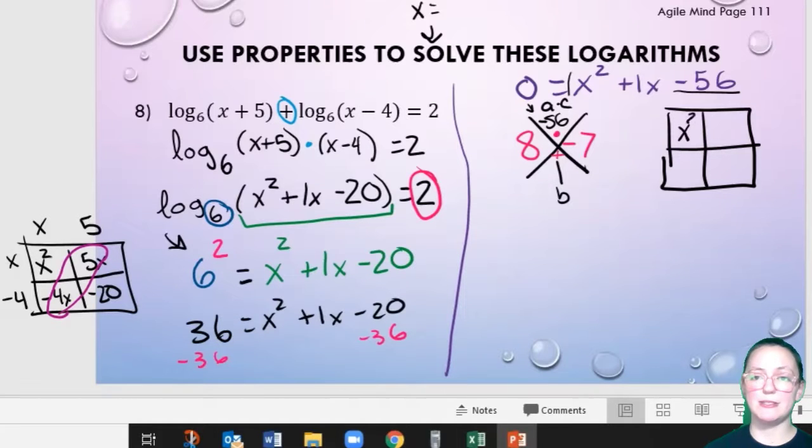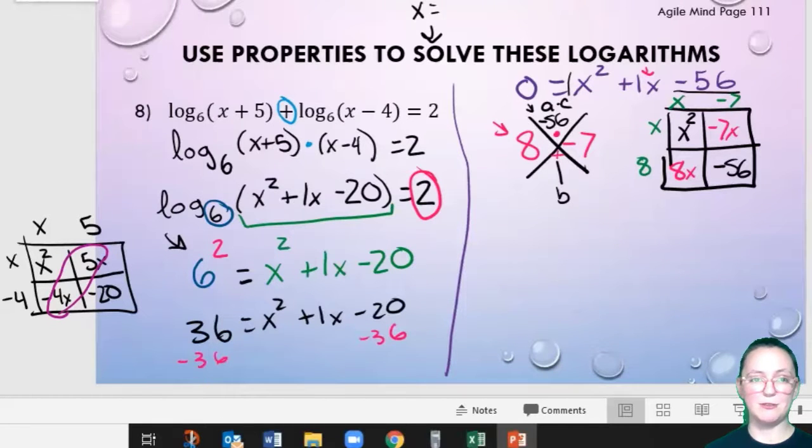So we have our x squared and our minus 56 from our original equation. And then those two numbers from our x frame tell us how to split this variable. So we're going to have our 8x and our minus 7x. And then we're going to pull our factors to get this into our factored form. So we're going to have x and minus 7, x and positive 8.